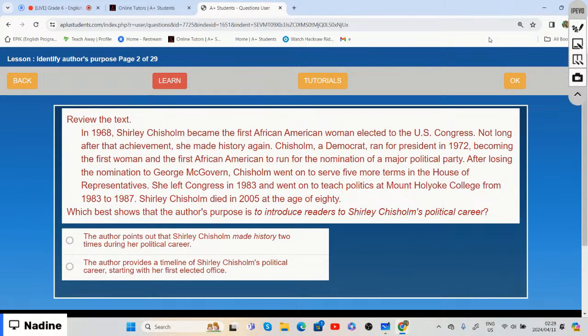All right. So if we look at this passage again, now we need to show the author's purpose is to introduce the reader to Shirley's political career. It says the author points out that Shirley made history two times during her political career.